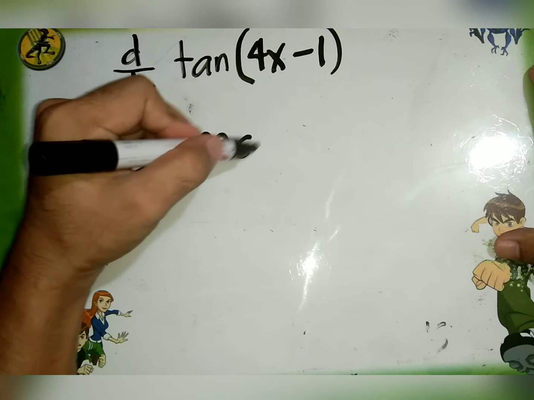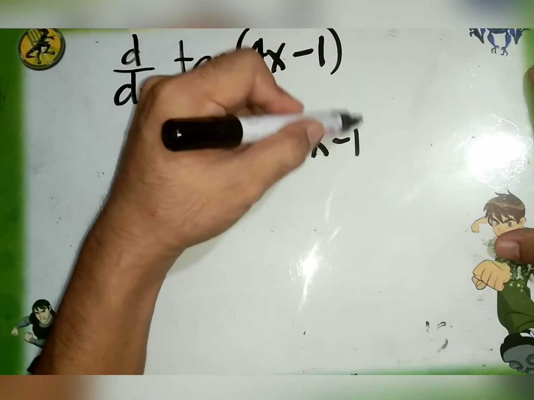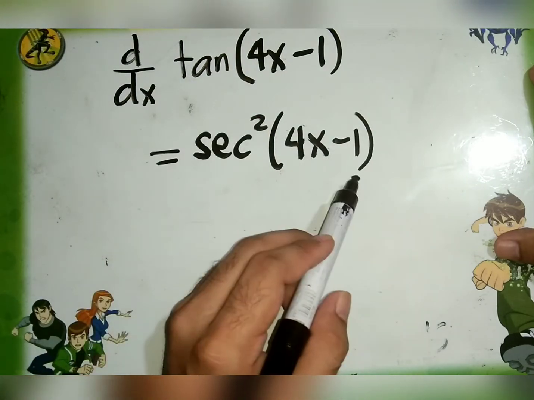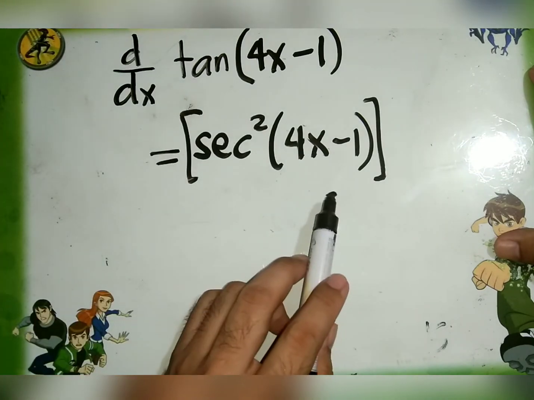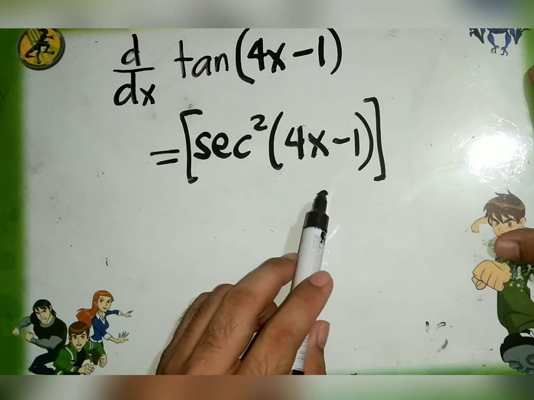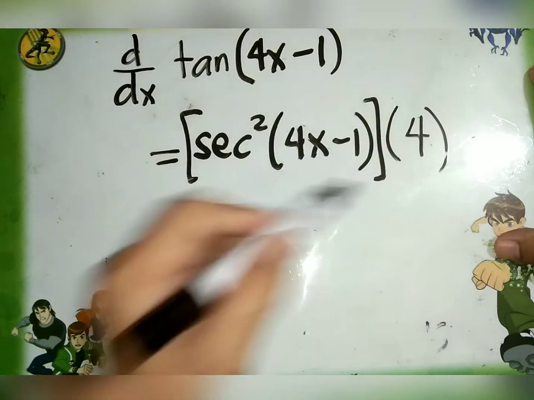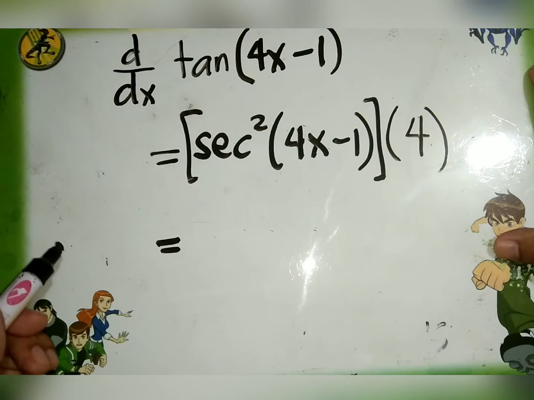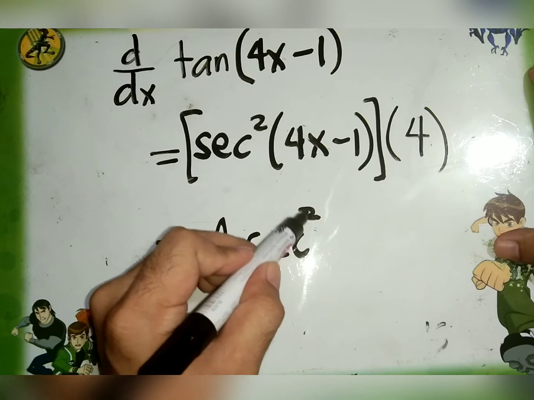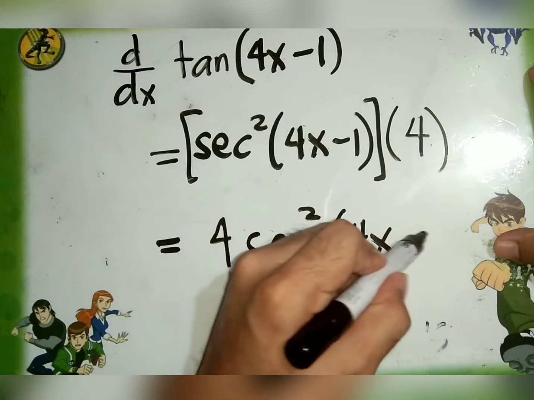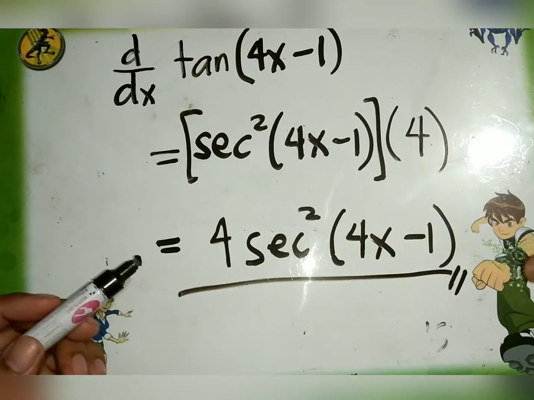Square of secant 4x minus 1. Kopyahin nyo lang yung angle. Tapos times. Okay, times. Ano ba yung derivative ng 4x minus 1? Okay, 4. Okay. So, arrange lang natin. So, we have 4 square of secant 4x minus 1. Okay. So, this is the final answer.